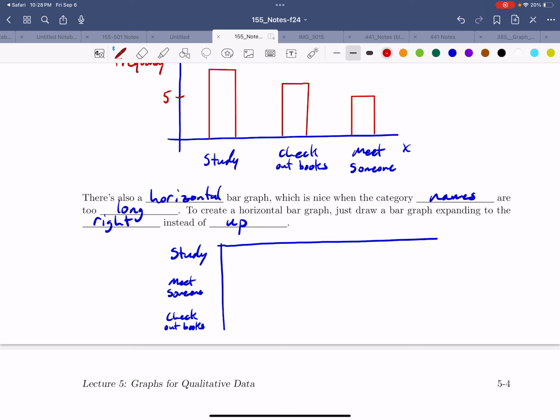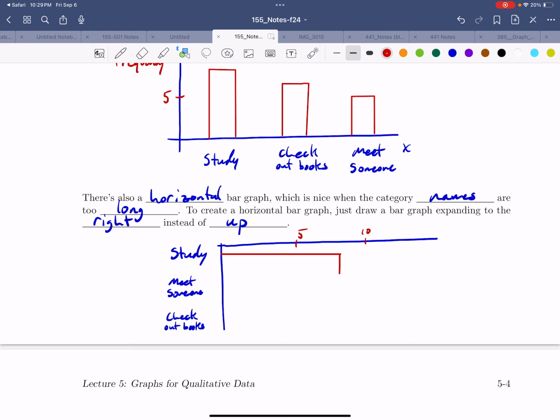Actually, before I do that, let's make some markers again. 5 and 10. And then we'll just draw the chart right there. So, yeah, I think that was good.